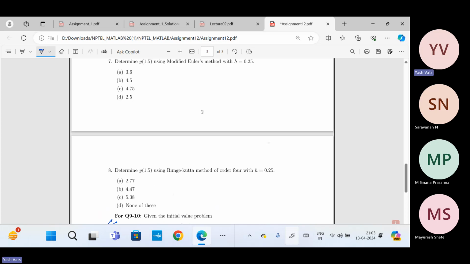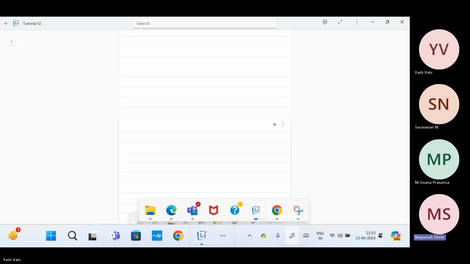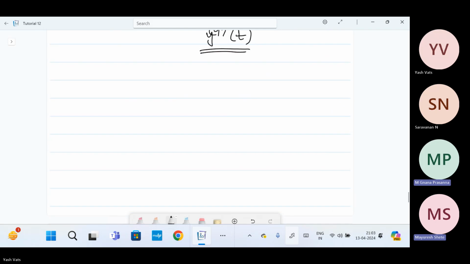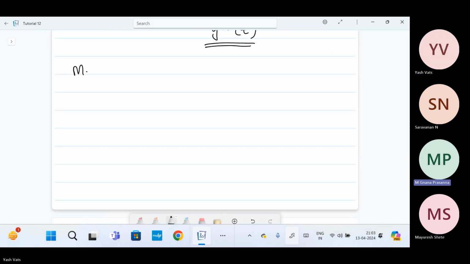Okay, let me discuss the methods now. Modified Euler's. What is the modified Euler method?